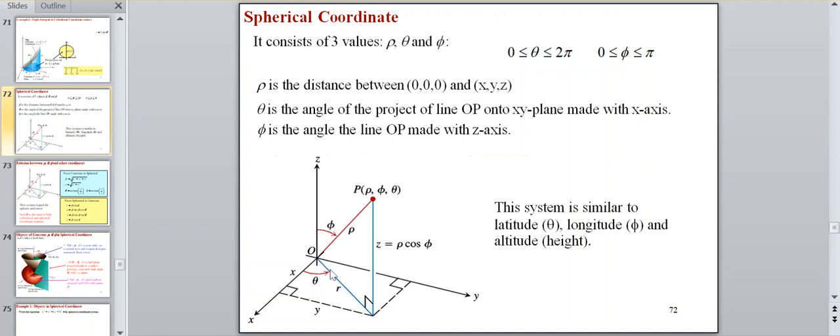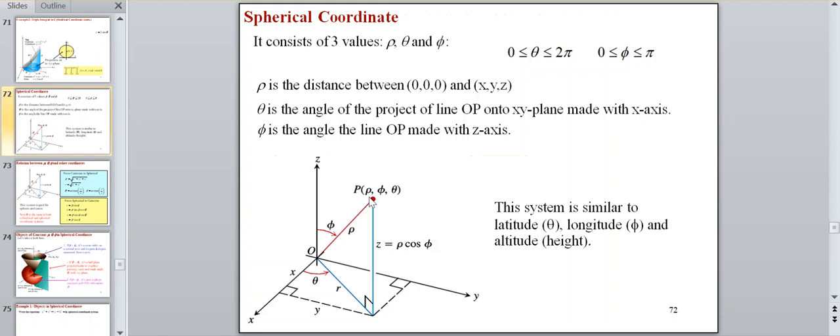Now this line segment makes angle theta with the positive direction of the x-axis. So we got rho, phi, theta. This triple of rho, phi, theta is called the spherical coordinates of the point P.